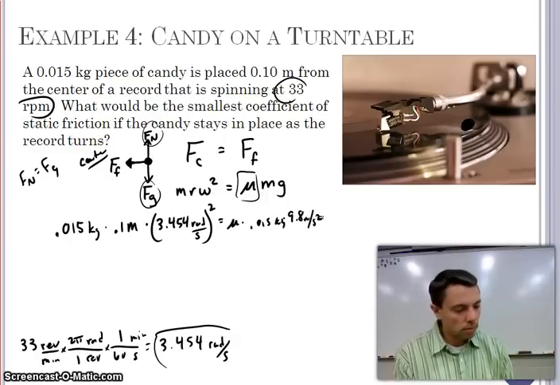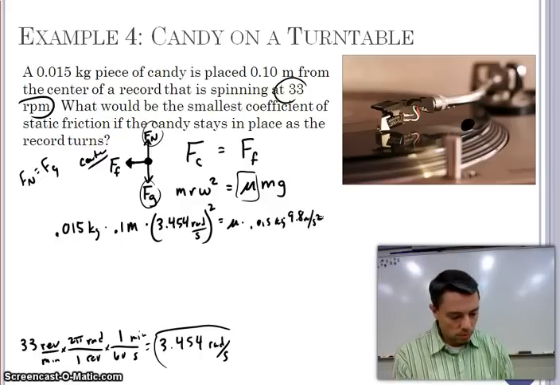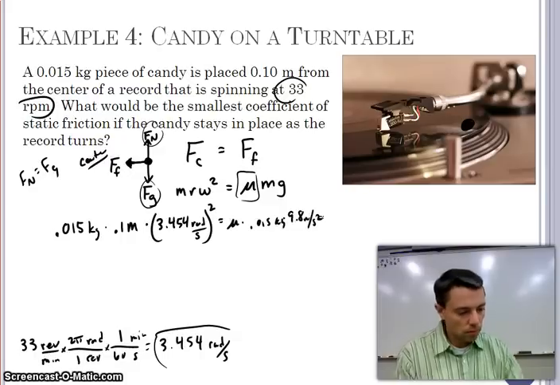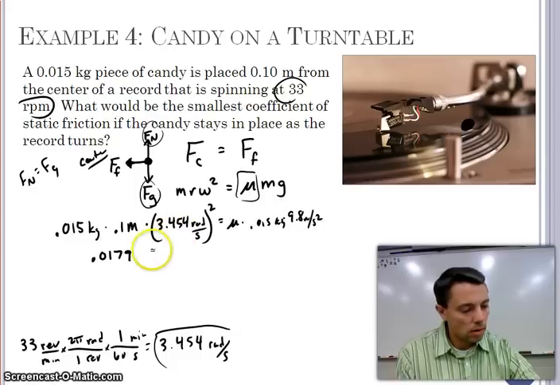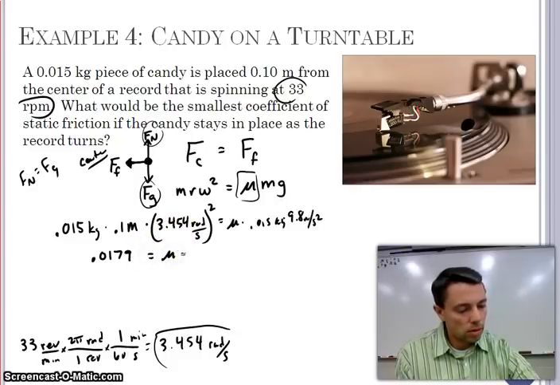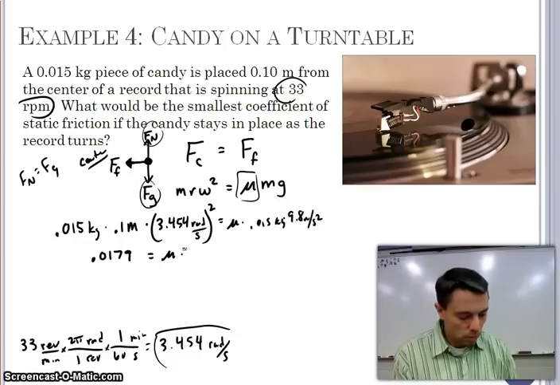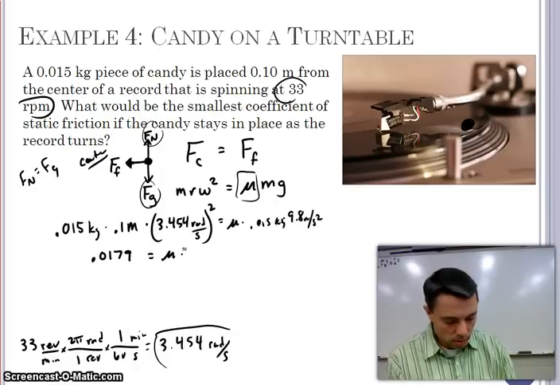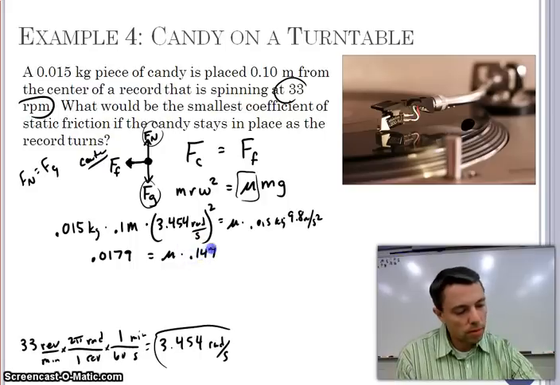So 0.015 times 0.1 times 3.454 squared gives me this value, 0.0179, equals my coefficient of friction times, and I'll figure that out, 0.015 times 9.8, 0.147.